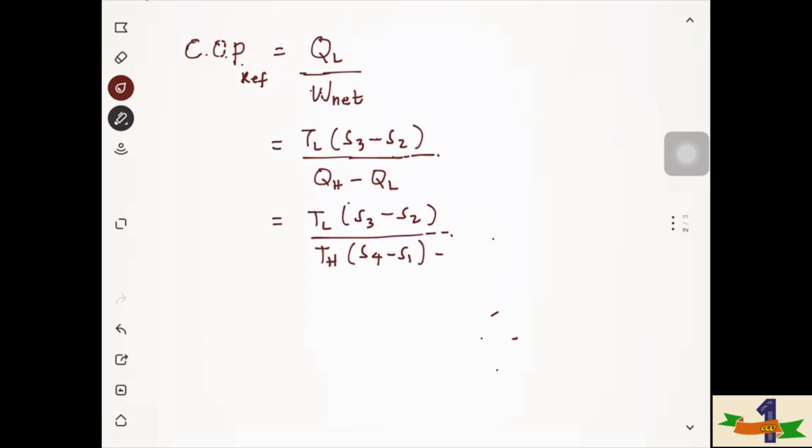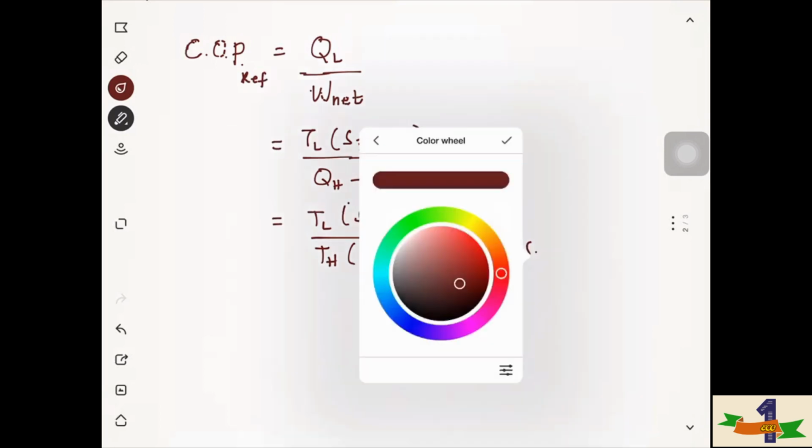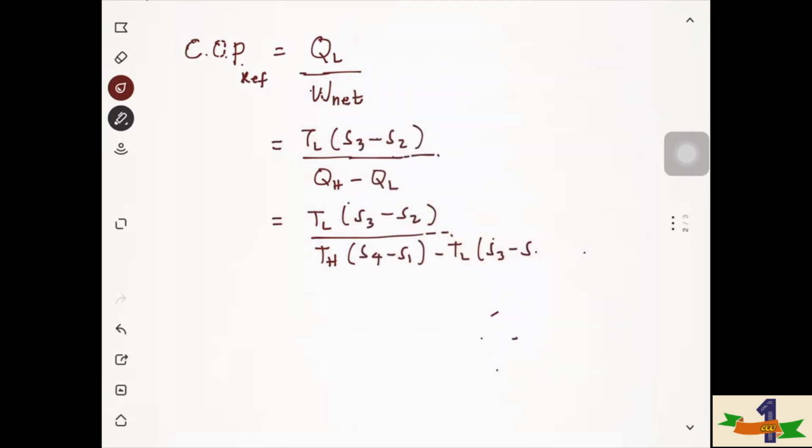Our QH is TH times S4 minus S1, minus TL times S3 minus S2.